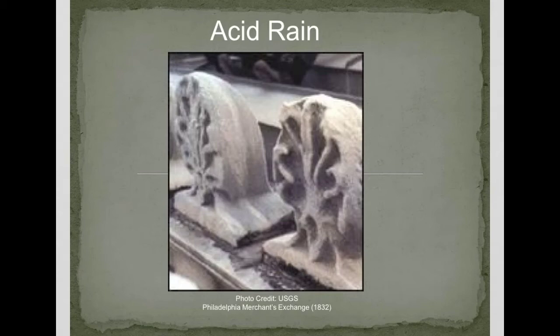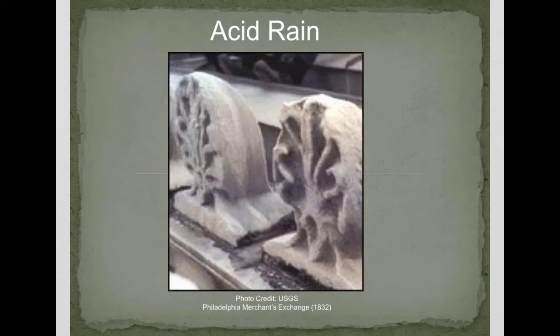When pollution mixes in the clouds through our water cycle, and it actually rains down, instead of normal water it's a very weak acid. And after many, many rainstorms, the acid starts to wear away and break down and weather rocks and rock formations.